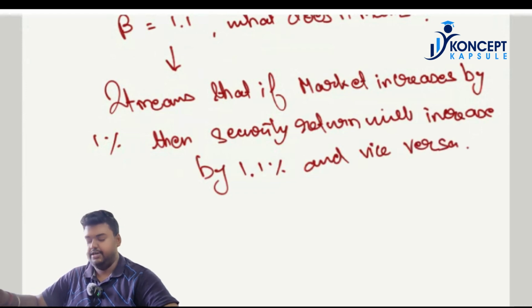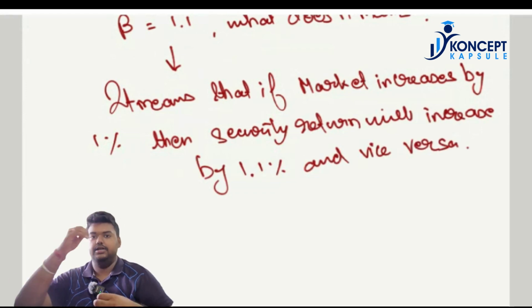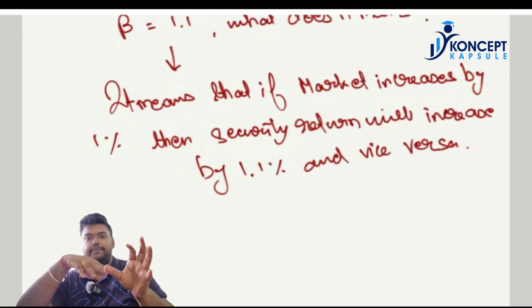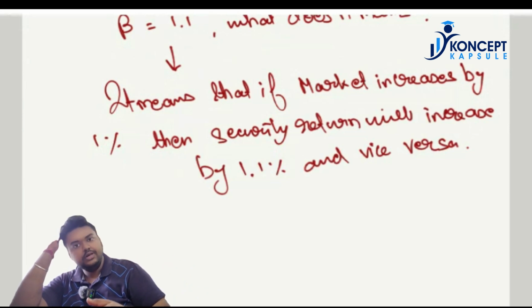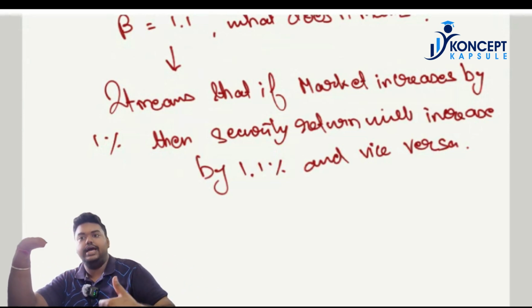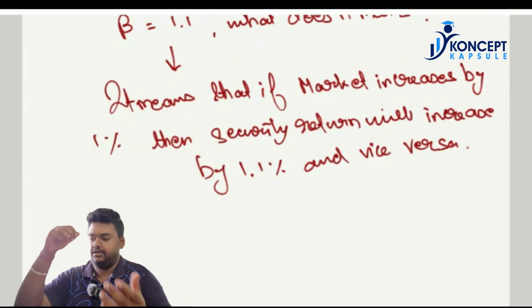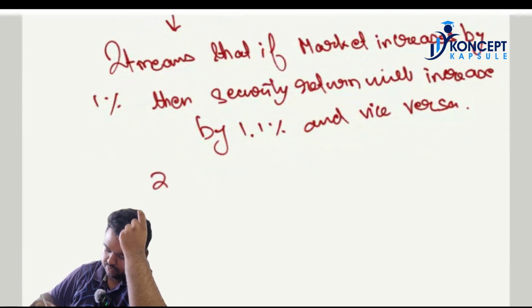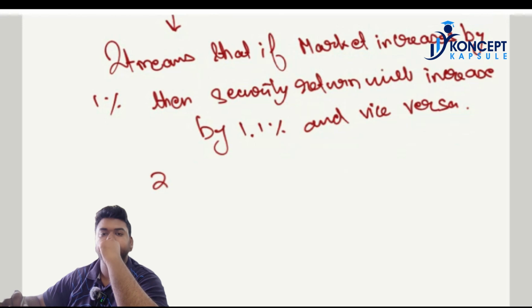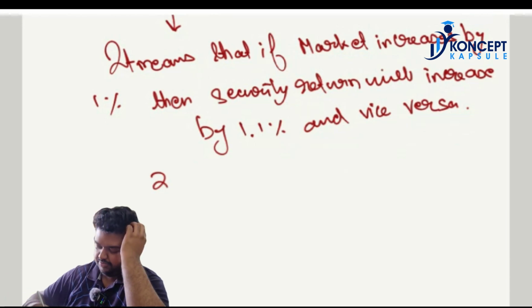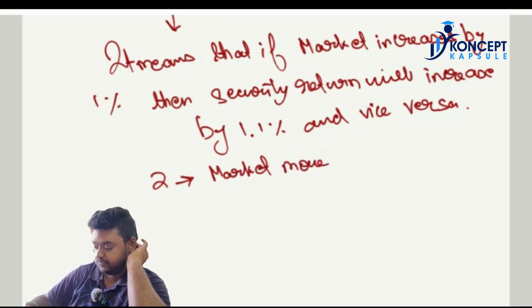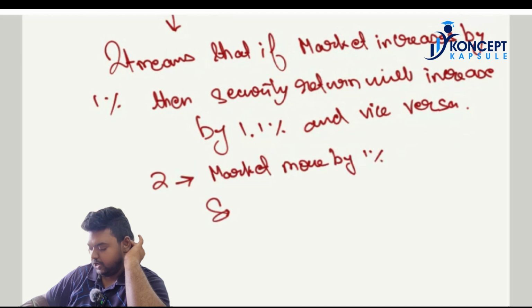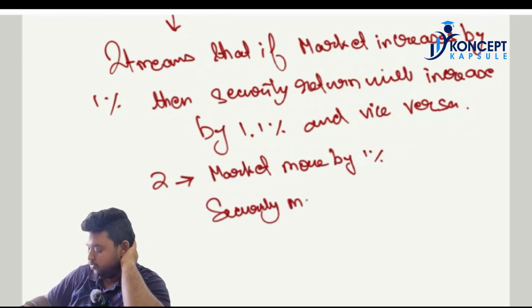So basically when beta is expressed in mathematical terms, if beta is 2, then the security will move 2 times faster than the market. If beta was 2, it means that if the market moves by 1%, then the security will move by 2%.